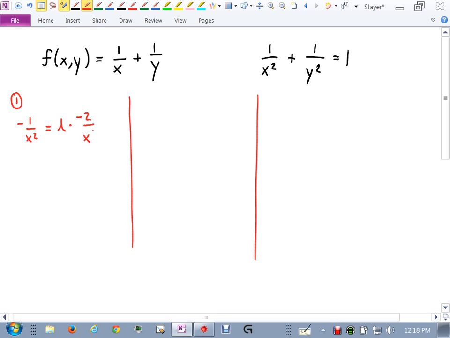That's right, negative 2x to the negative 3, which I'm just going to drop down like this. I believe my second equation is going to be the exact same thing, but with y's, right? And then my last equation is over here.